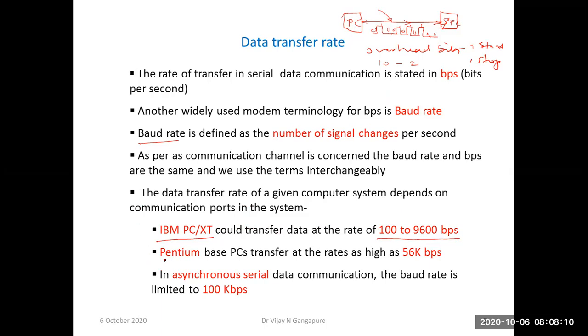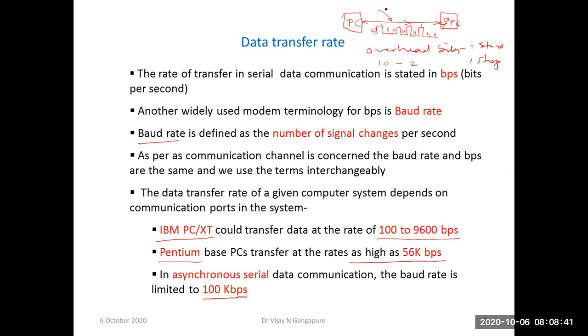If this PC is a Pentium, then the data rate possible is as high as 56k bps, meaning 56,000 bits per second. With this data rate, communication is possible between this Pentium PC and another compatible serial port device or another Pentium PC. In case of asynchronous serial data communication, the baud rate is limited to 100 kbps.